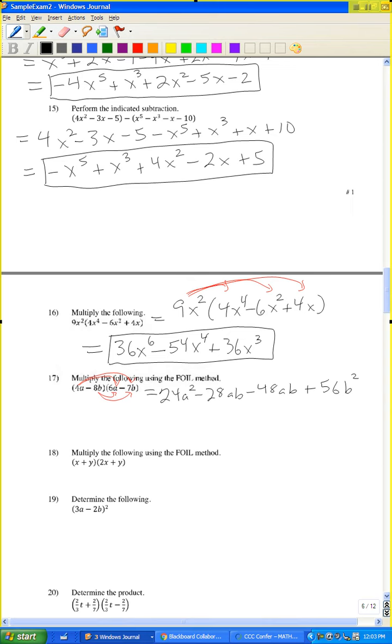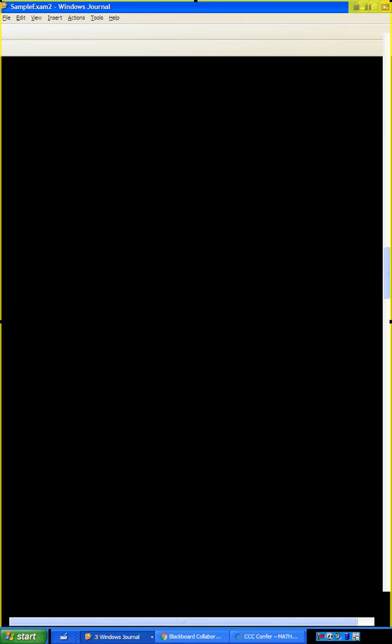We can combine like terms, the 28ab and the 48ab. So I get 24a squared minus 76ab plus 56b squared.